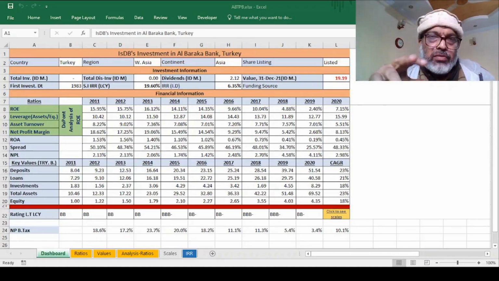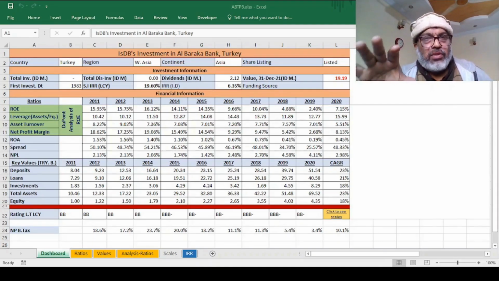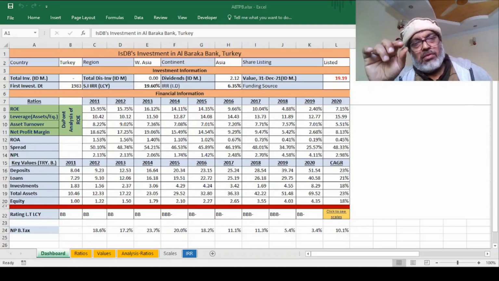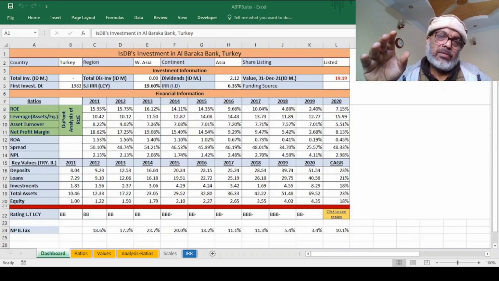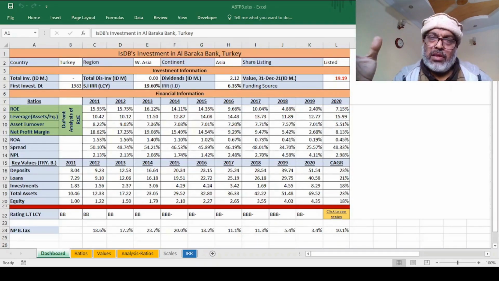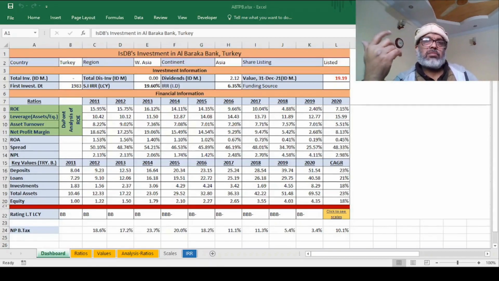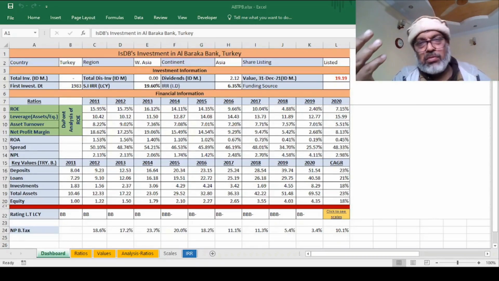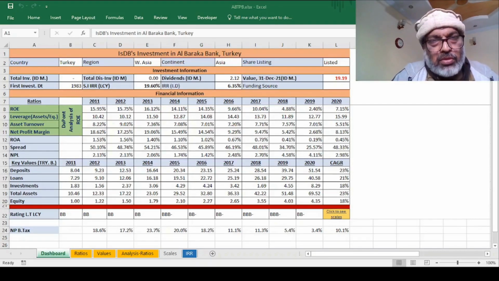In every one of these five areas, different ratios are checked, and those ratios are compared with the average ratios of all the banks or the standard ratios, and then it is determined whether it's good, bad, excellent, or too much underperformed.